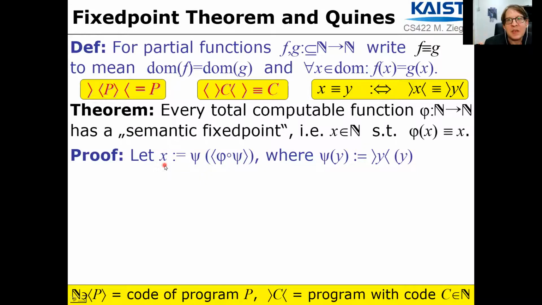And I've said the same thing for phi of x. In both cases, the semantics of x and of phi of x is: execute phi after psi on the code of phi after psi. So since in both cases I've said the same semantics, that means that the two are indeed equivalent. x is equivalent to phi of x.